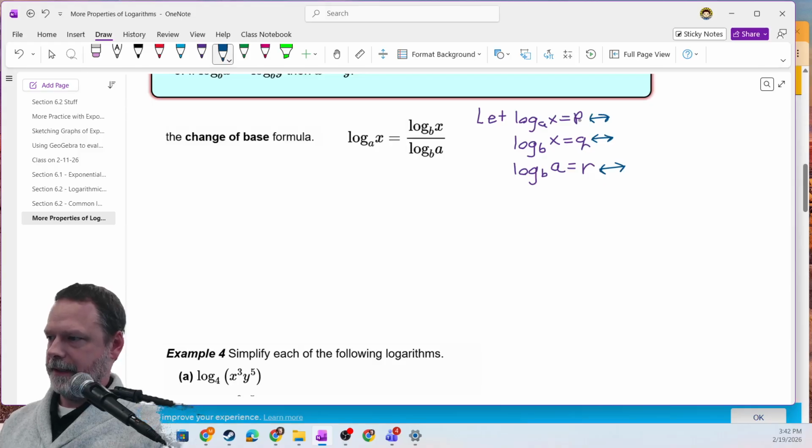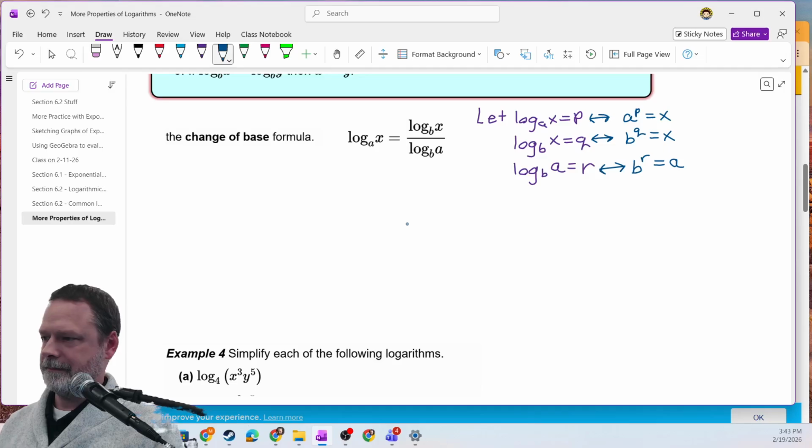So we got a to the p equals x, b to the q equals x, and b to the r equals a.